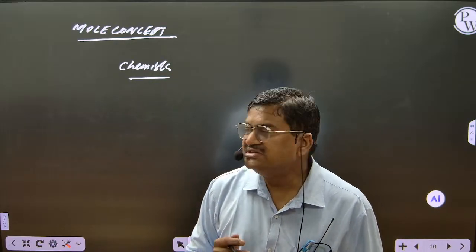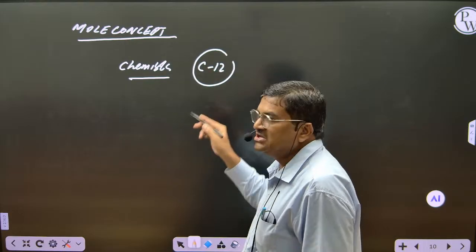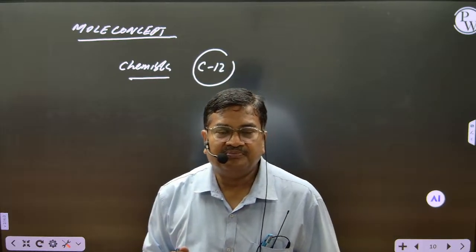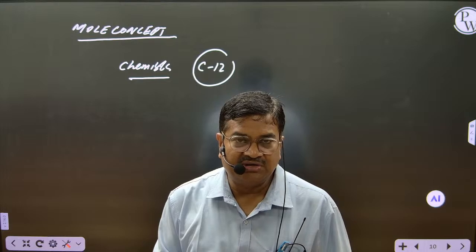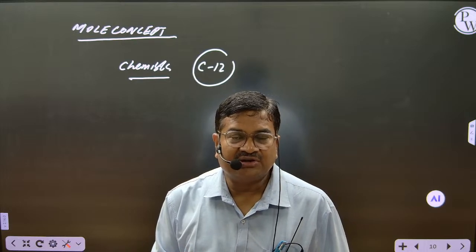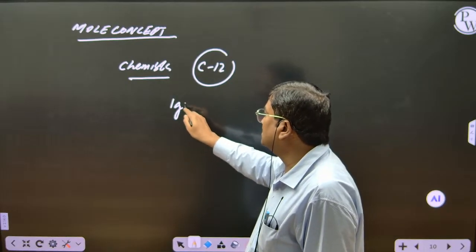Are you getting the point? What is C12, students? Carbon 12 means I am using the word 1 gram atom. Just now I told you gram atomic mass is also called gram atom. So 1 gram atom of C12 they took.